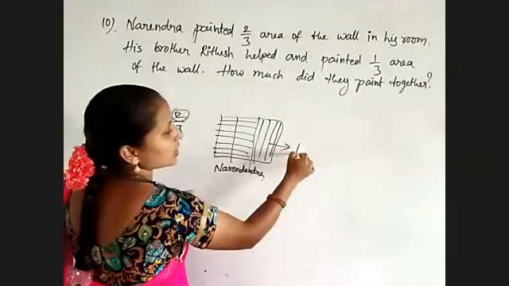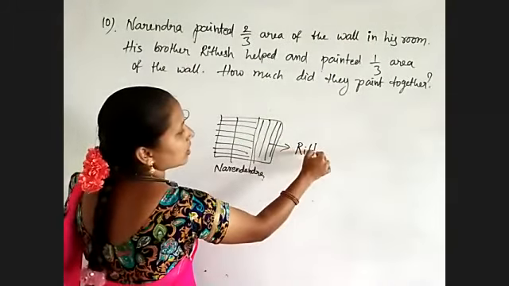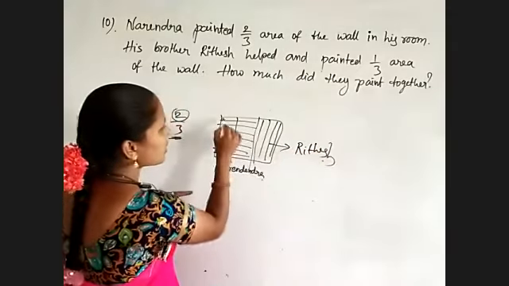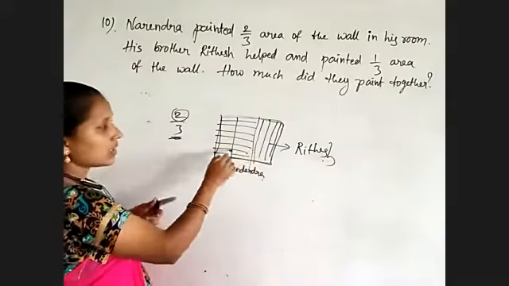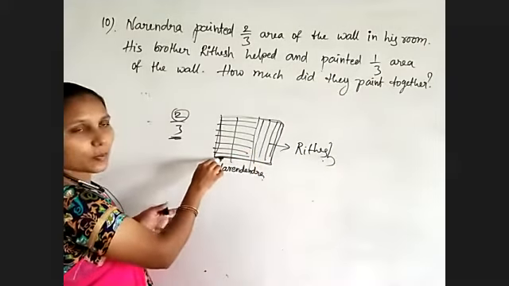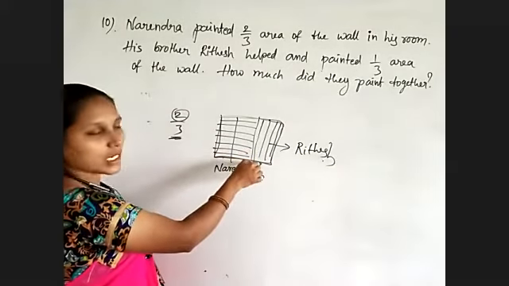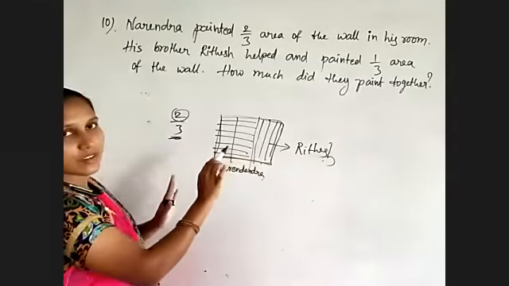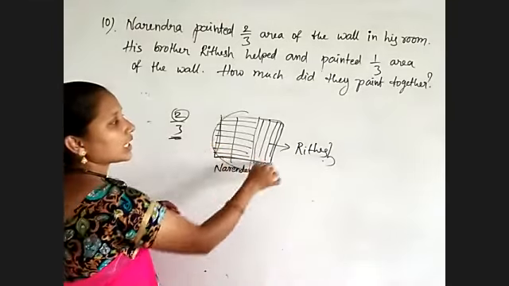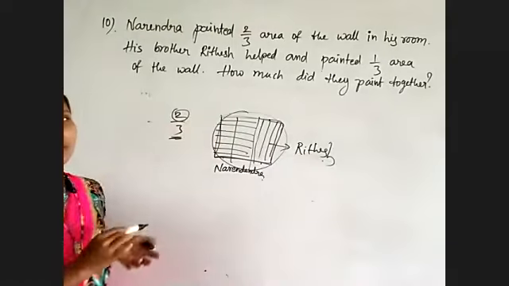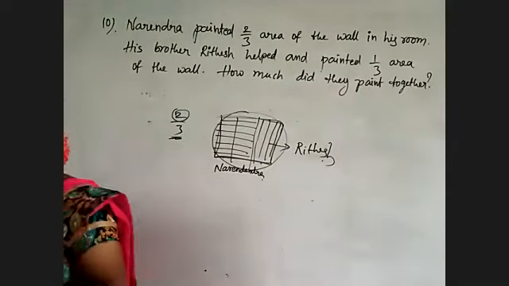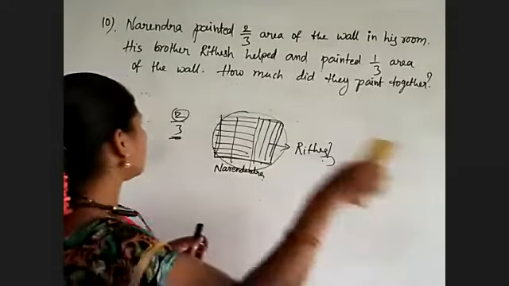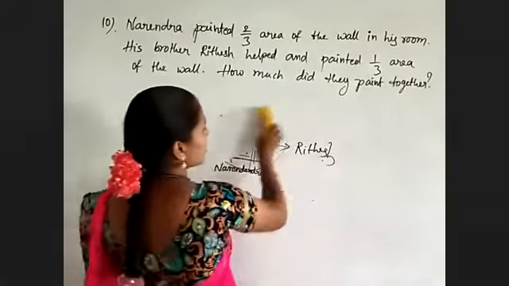This portion is painted by Ritesh. Now just observe, the wall is divided into total 3 parts only. Out of those 3 parts, one person finished 2 parts and the other person finished 1 part. Completely 3 parts finished means the complete wall is painted by both of them. Okay, that one we need to do by doing addition. So just observe this question. We need to write the words, sentences also.